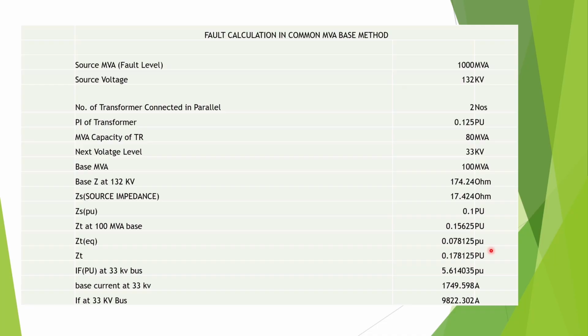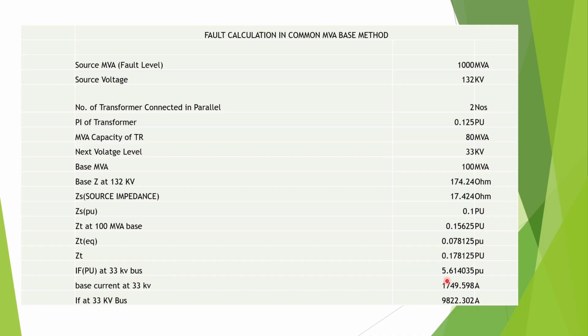The total impedance, including the source impedance, is the equivalent transformer impedance plus the source impedance in per unit, that is 0.1 plus 0.078125, which comes as 0.178125 per unit.